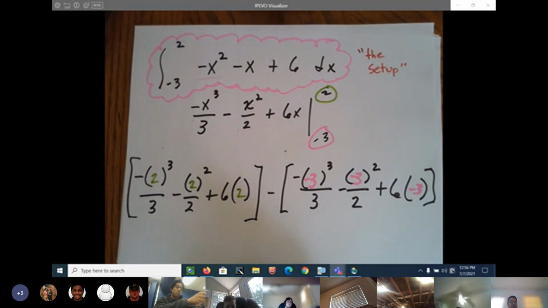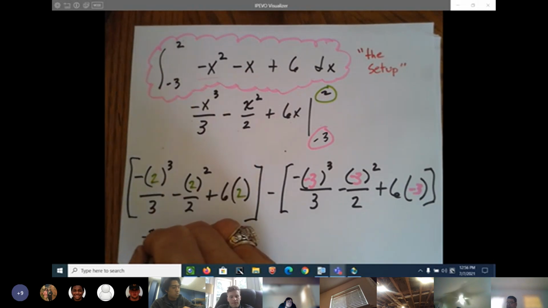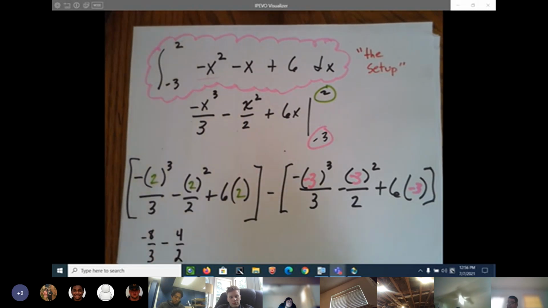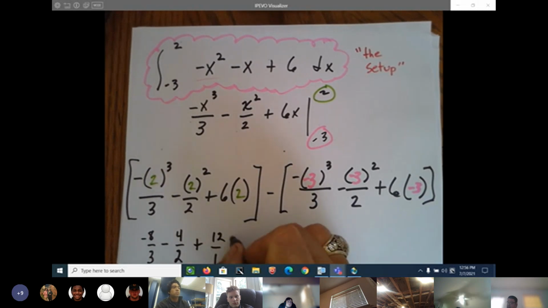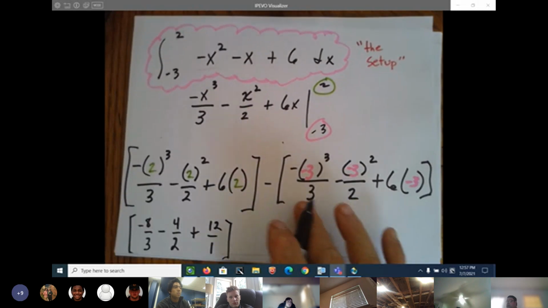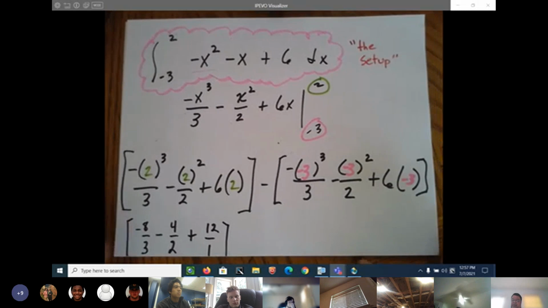All right, so let's see what happens with this. This is 2 to the third power, which is 8, so 8/3, minus 4/2, plus 12 over 1. And yes, I'm leaving everything a fraction because if I start changing stuff to whole numbers and decimals, I have to use a calculator and depend on it.